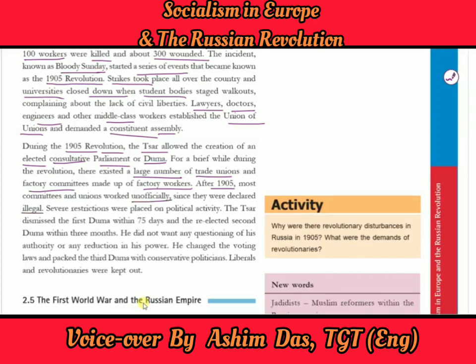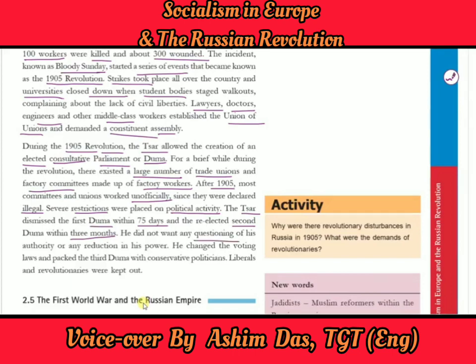Since they were declared illegal, several restrictions were placed on political activity. The Tsar dismissed the first Duma within 75 days and re-elected the second Duma within 3 months. Why?